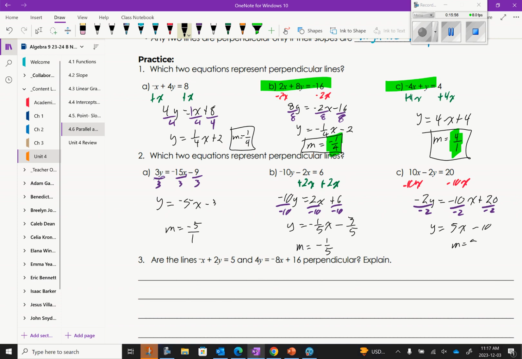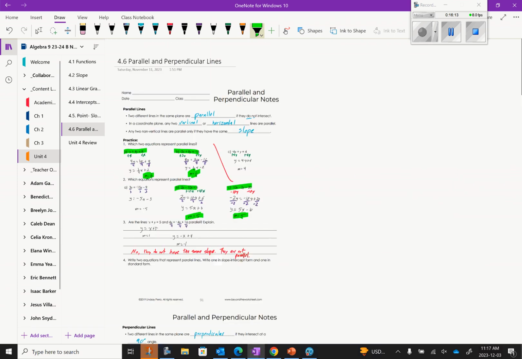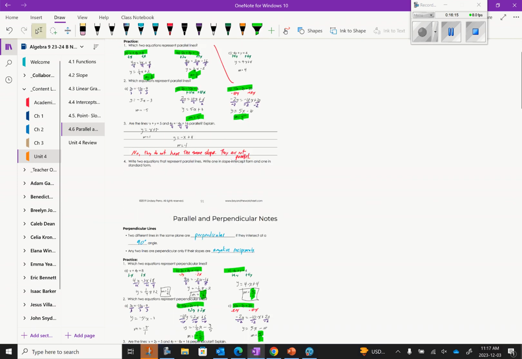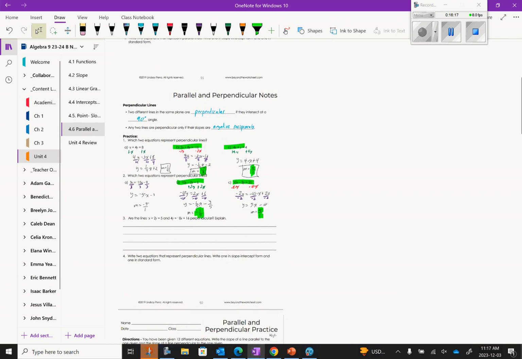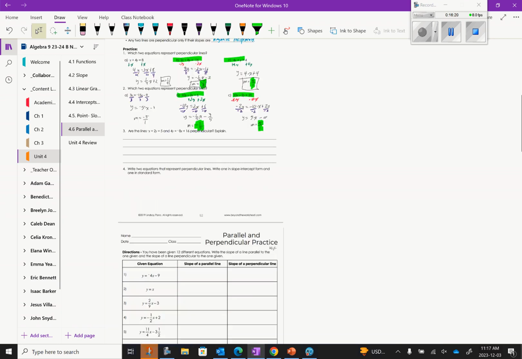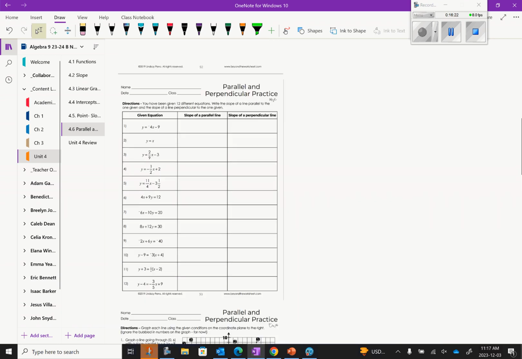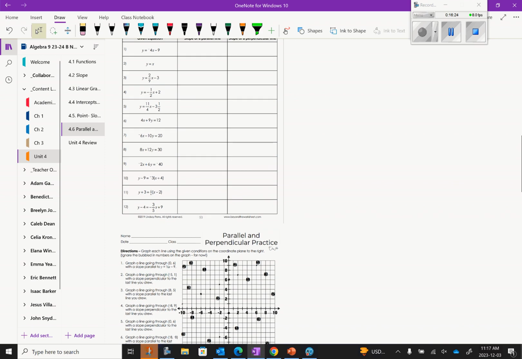So the slope here is 5 over 1. Oh, again, it's B and C, because here we have negative 1/5, here we have positive 5 over 1. So again, two lines are parallel if they have the exact same slope. Two lines are perpendicular if their slopes are negative reciprocals.